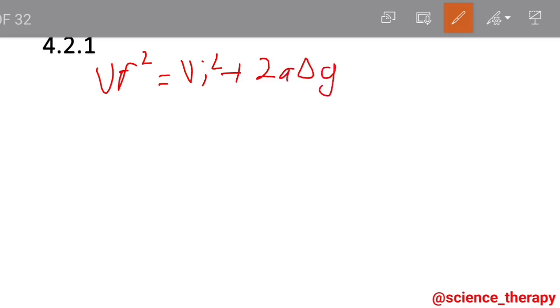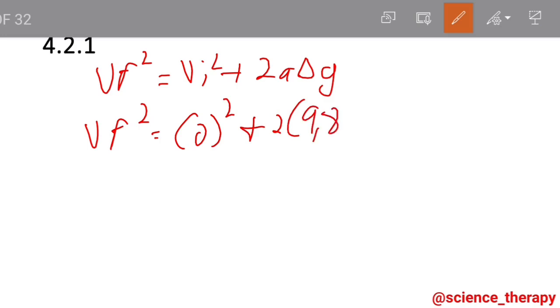Then the Vf squared, that's what we are looking for. Vi is 0 because it was dropped, and then we have 2, our a is 9.8, and our change in y is 20. Now you punch all that in your calculator.